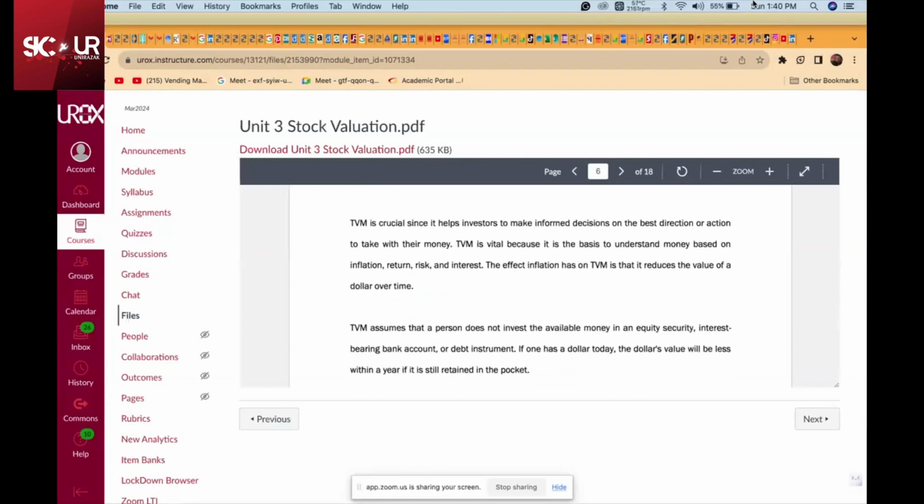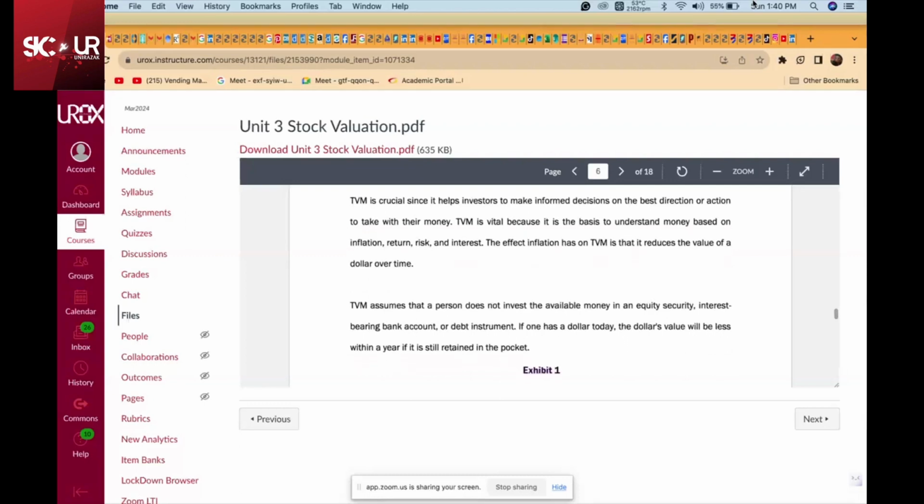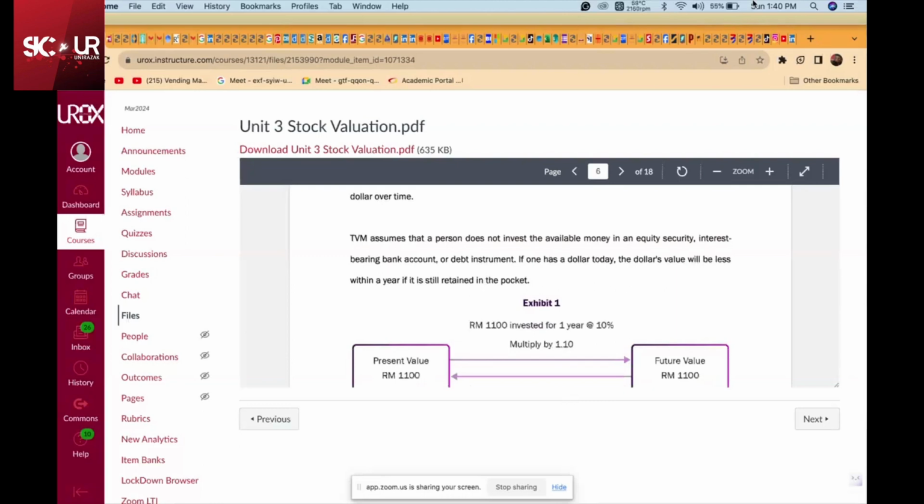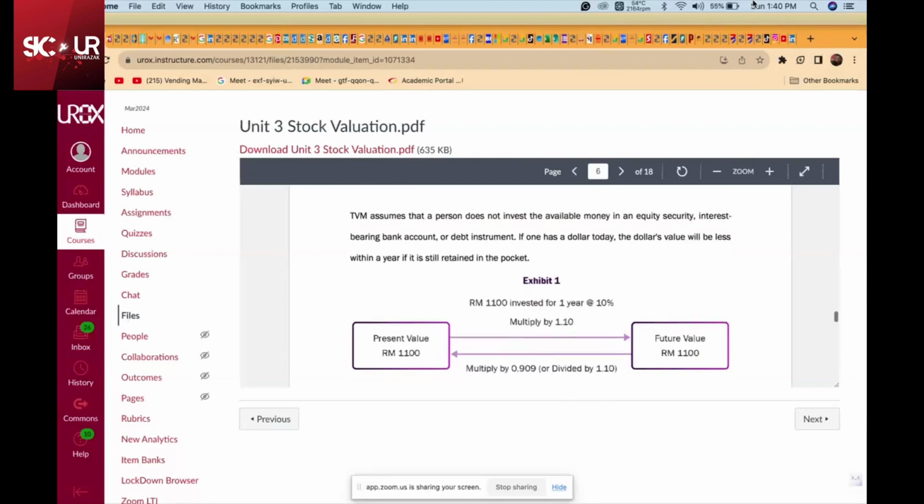So time value of money is crucial since it helps investors to make informed decisions. Time value of money is vital because it is the basis to understand money based on inflation. Time value of money assumes that a person does not invest the available money in an equity security, interest-bearing account, or debt instrument.